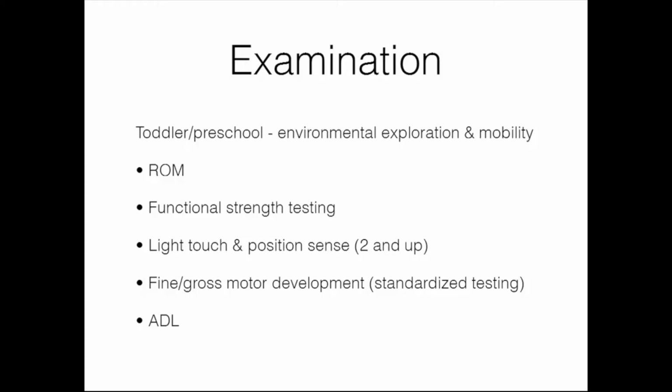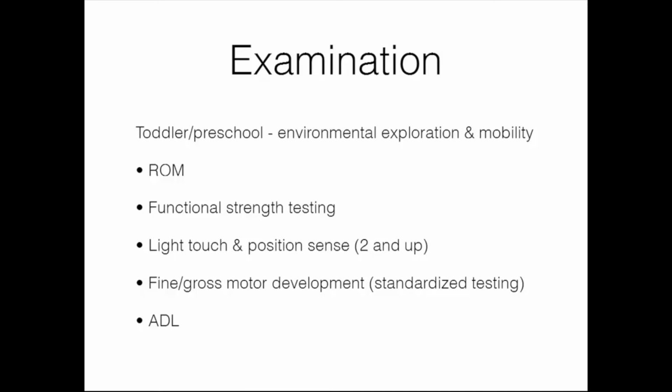As the child moves into toddler and preschool age, we want to really focus our examination and treatment on environmental exploration and mobility. So we want to assess range of motion, and we want to look at functional strength testing. By age 2 and up, we should be able to do some light touch and position sense. So the child should be able to follow some instructions and give us some feedback.